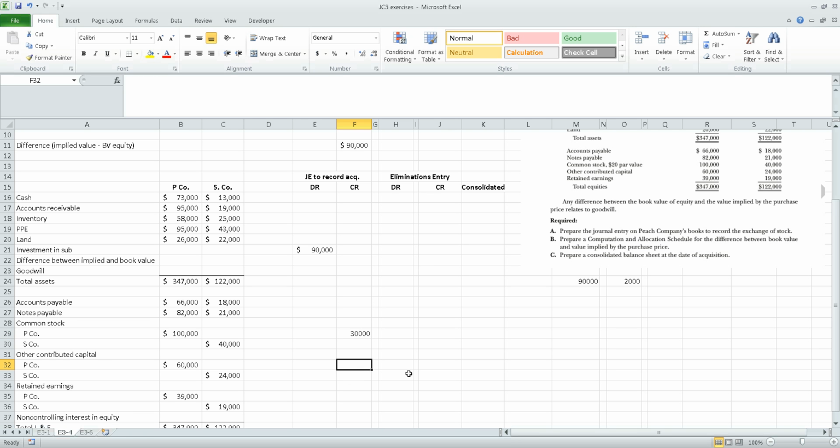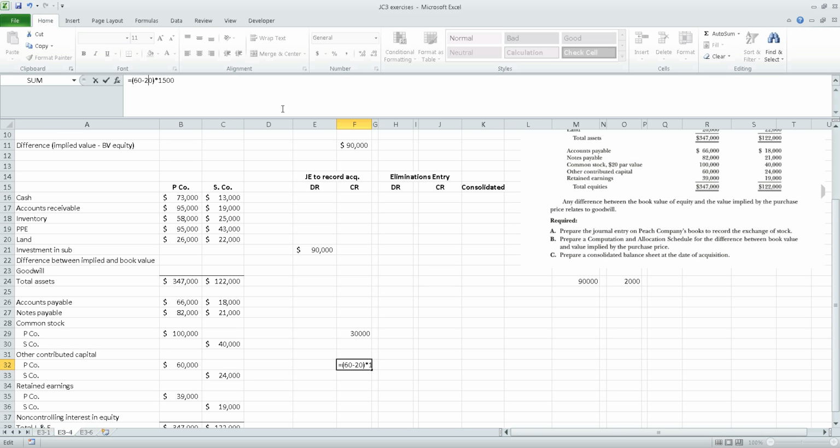The excess of the issuance price of $60 a share over the par value of the stock, which is $20 a share, times 1,500 shares of stock issued. Oops, I got the wrong number for the par value.